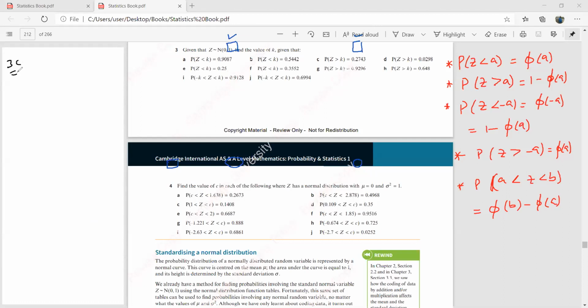So I have probability Z is... People are getting in late, okay? Whenever someone gets in, this writing becomes blur, so let me write this again. Probability Z is greater than 0.2743.